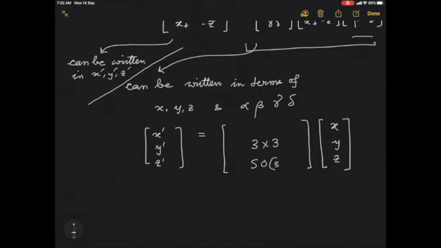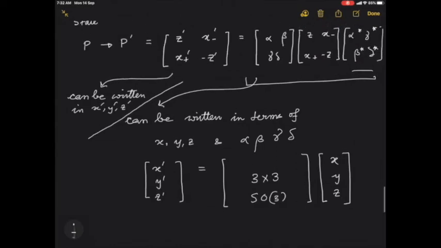And remember that this will be the SO3 matrix. If I do that, the matrix that I will get as that SO3 matrix in terms of the Cayley-Klein parameters will be the following.